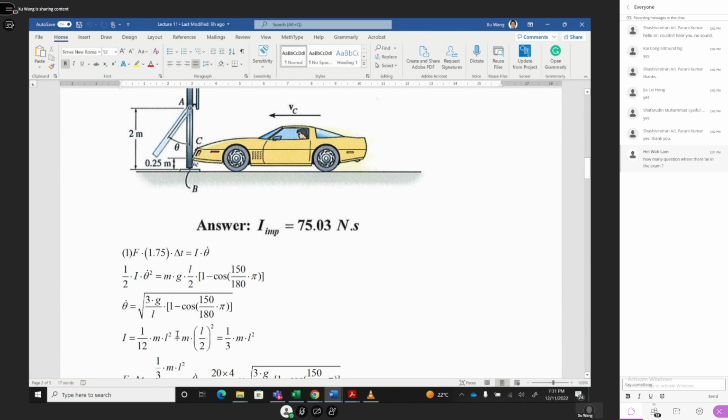I is 1/3 of ml square, so M cancels, L square cancels one L, and you get the square root of 3g over L times 1 minus cosine 150 times pi over 180. From this you can calculate theta dot.